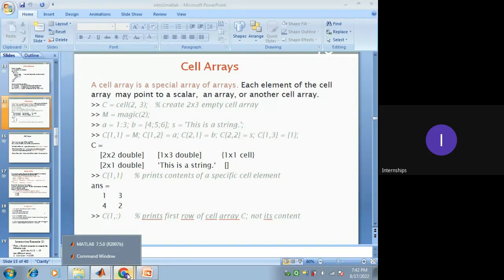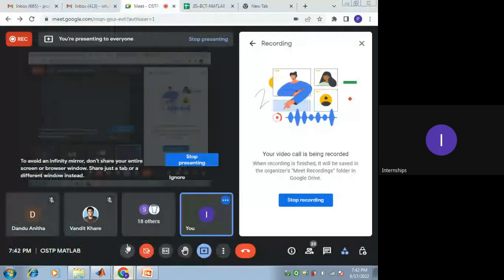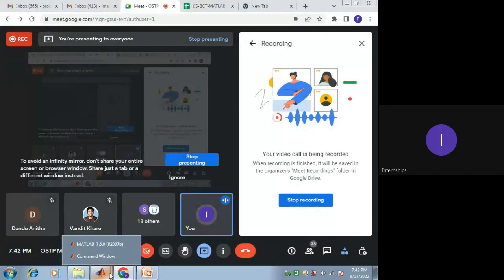Everybody should try this one. After completing it, you should take a screenshot and you may send it to me by WhatsApp.